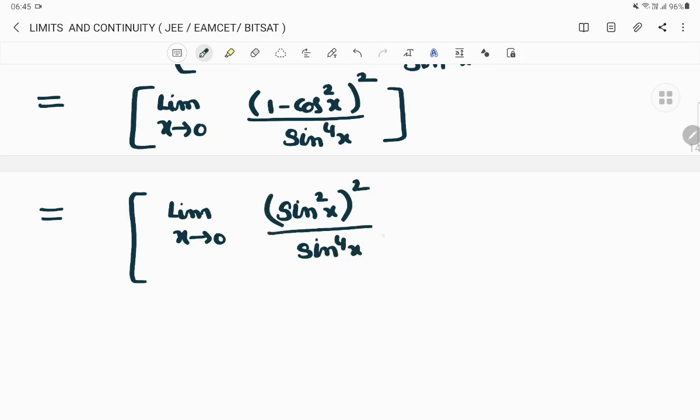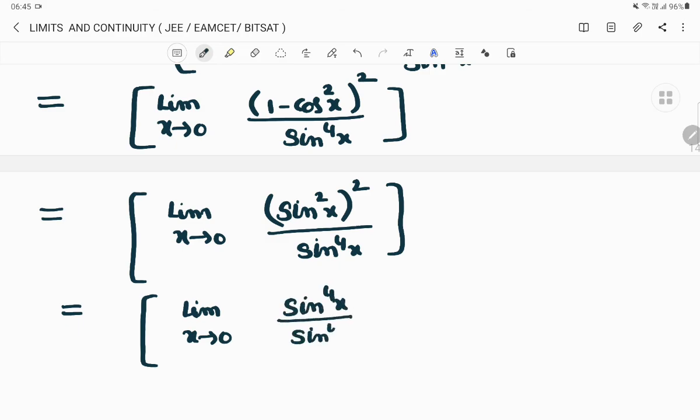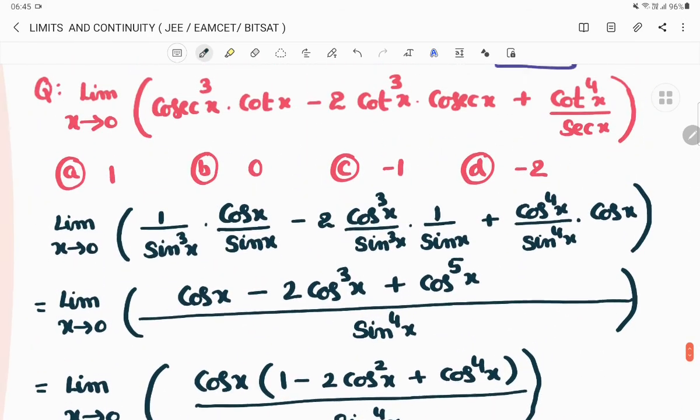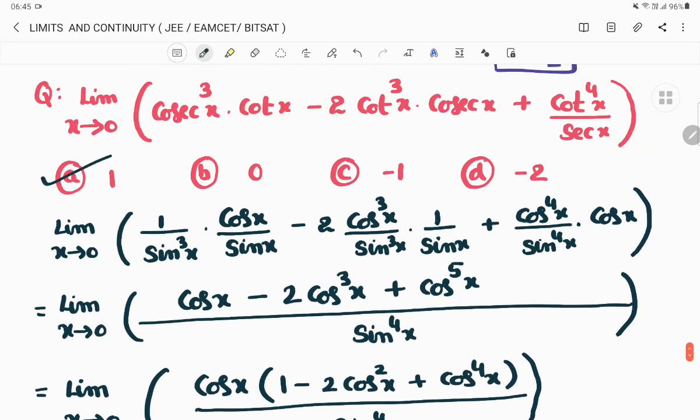Sine power 4x divided by sine power 4x. So the limit of a constant is the constant. Limit as x tends to 0 of 1 is 1, that is equal to 1. So the limit of any constant is equal to the constant, which is there in the first option.